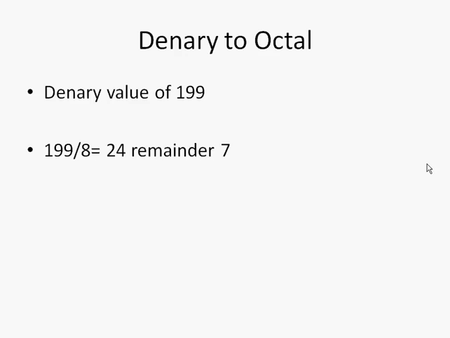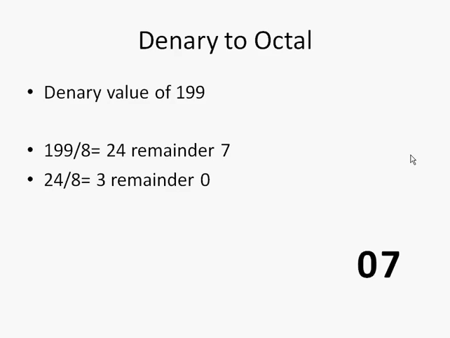If you're having a go at those and you were unsure as to what to do if you had a remainder 0 at any point, well, let's have a look at that now. So if you had a denary value of 199, 199 divided by 8 is 24, remainder 7, so we use the 7 as part of our octal equivalent. 24 divided by 8 is 3, remainder 0.